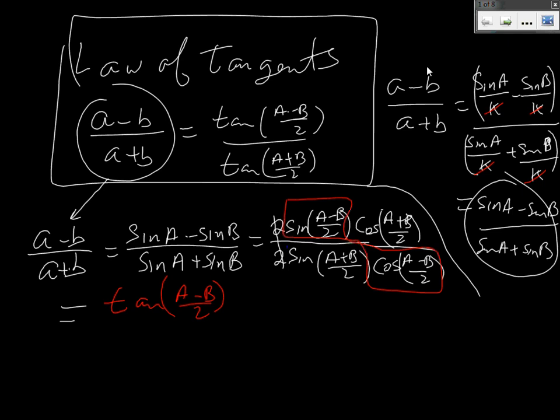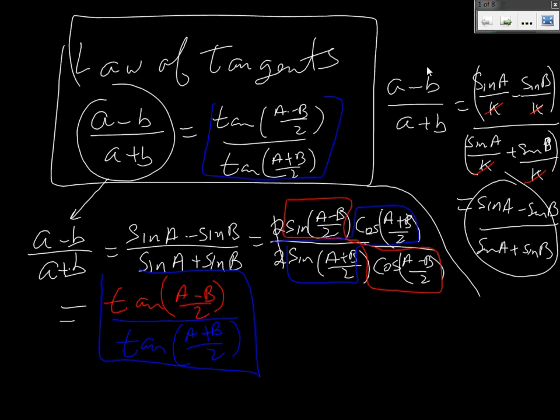And this division right here, in the bottom, is the tangent of (A plus B) over 2. And we will be done if this equals this, and it does. So we verified that this really does equal that.